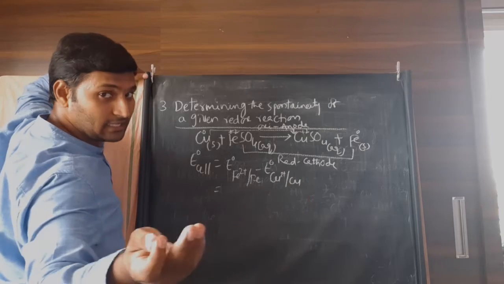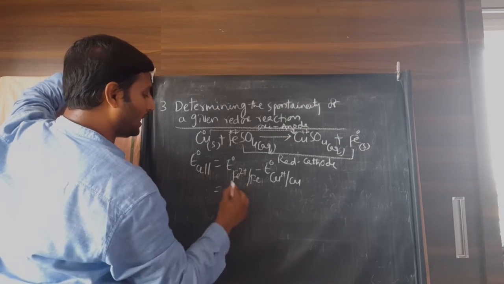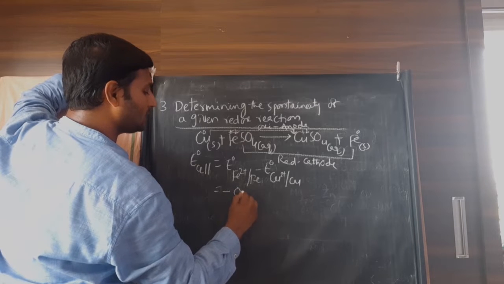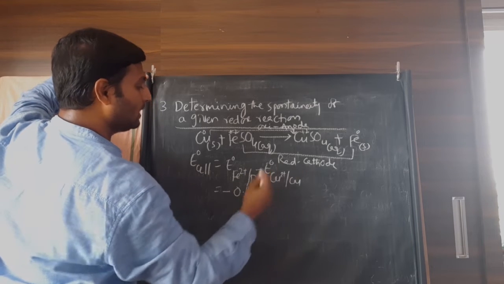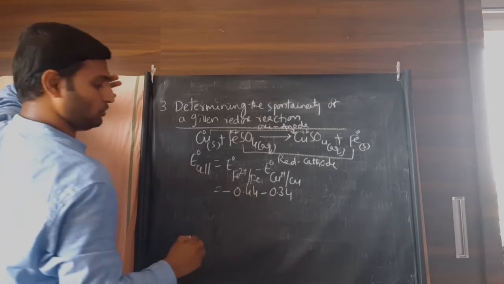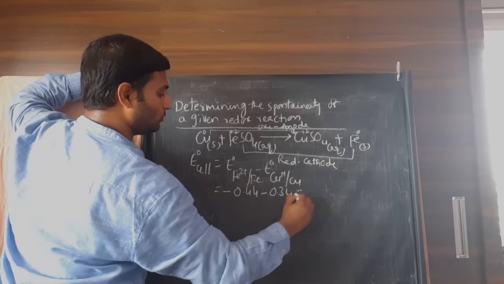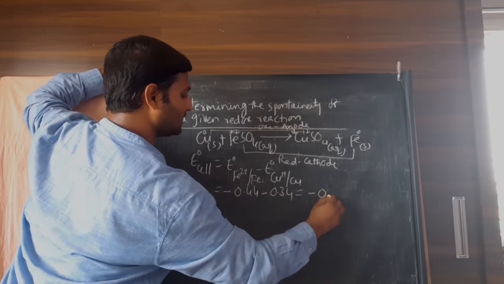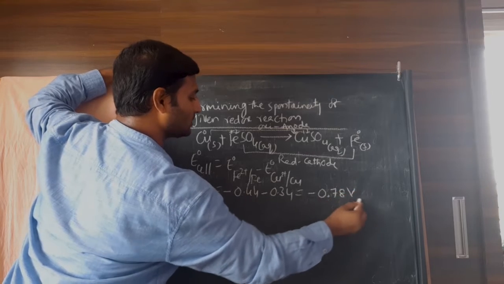Now from the electrochemical series you can get the value E0 of the iron ferrous couple will be minus 0.44 volts and E0 of copper will be plus 0.34 volts. Now when you do the calculation you are going to get minus 0.78 volts.